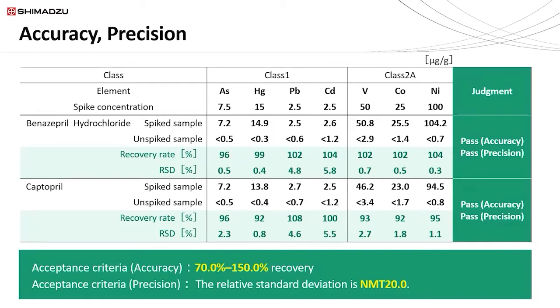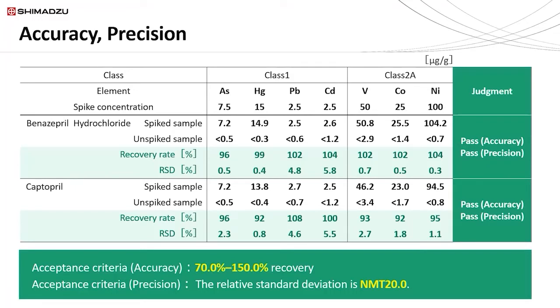Accuracy and precision. Okay, so what we have is we spiked the 2 APIs to half of the specification value. So in this case, mercury would be 15 and lead would be 2.5. Okay, and what we did was we quantified those.